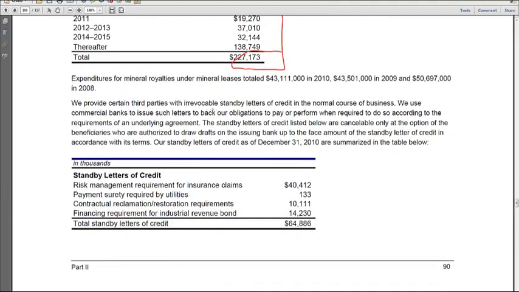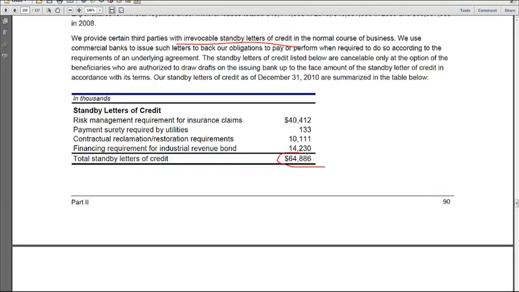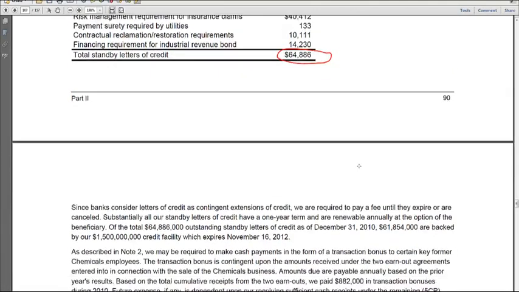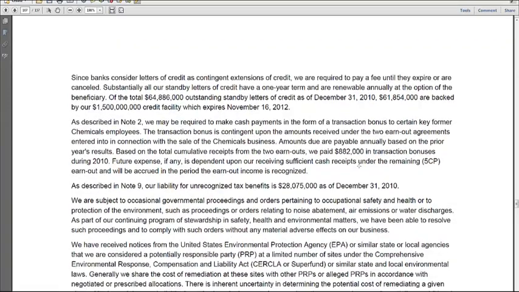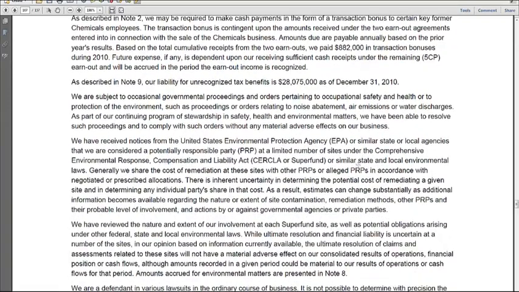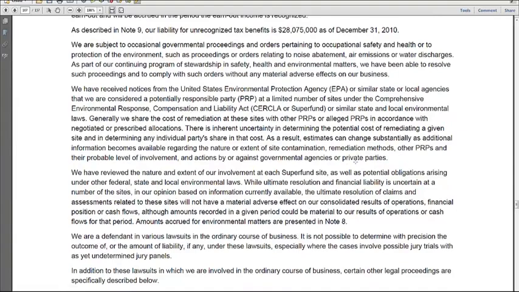Next thing is they provide guarantees, standby letters of credit. So that's about 65 million that they're potentially on the hook for, that they could borrow up and then owe to banks.